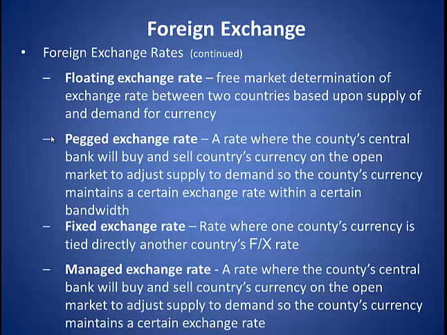There's another type called a fixed exchange rate, where one country's currency, their exchange rate, is tied to another country's exchange rate. And we have a managed exchange rate, a rate where the country's central bank will buy and sell currency on the open market to adjust supply to demand so the country's currency maintains a certain exchange rate.